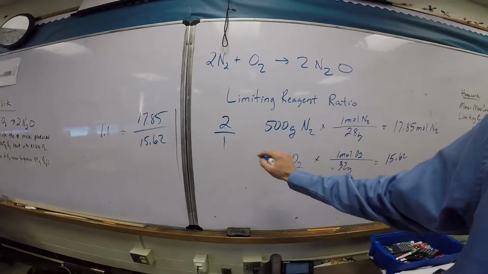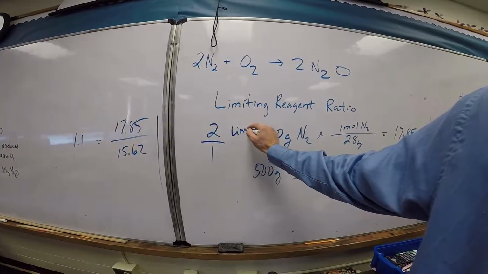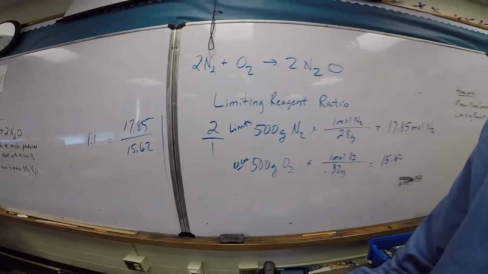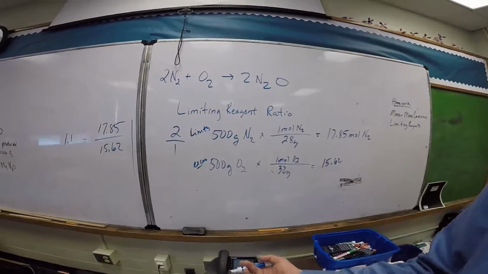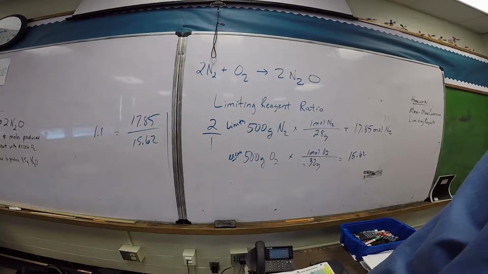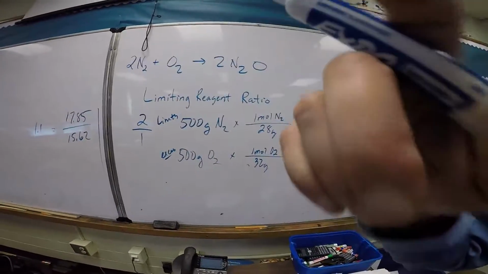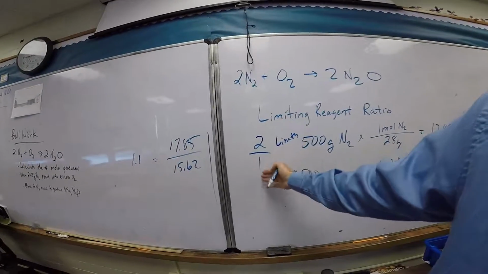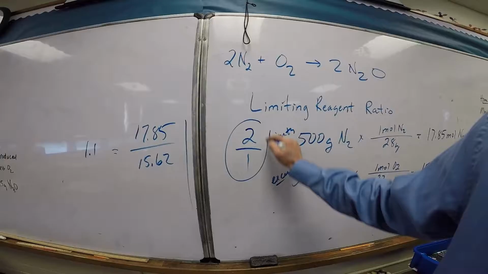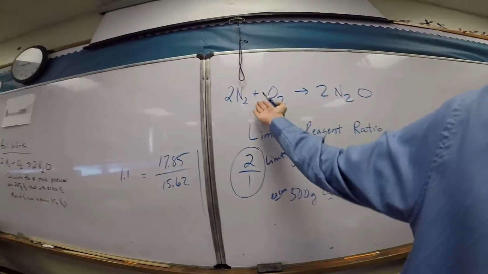In this situation, this is limiting, and this is excess. All right, you need at least 2 for this to go, and you don't have that. You have like 1.1. So you have more of your bottom one. Now, if you were to increase that and get it closer to 2, the goal is this right here. This is the goal. That's the balanced equation.